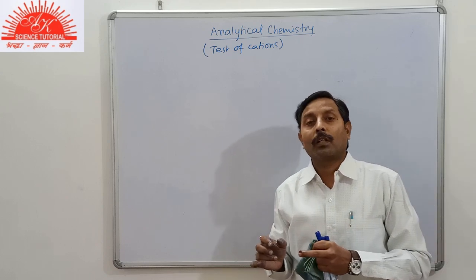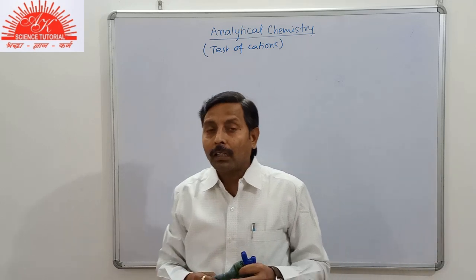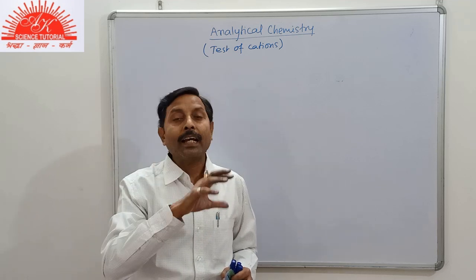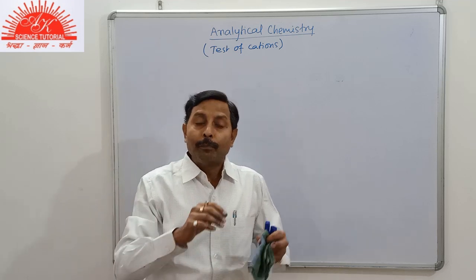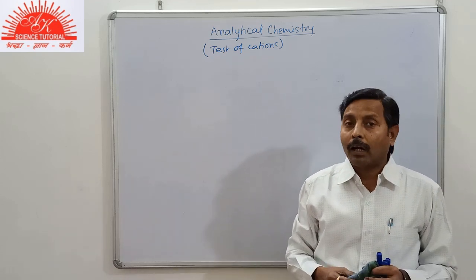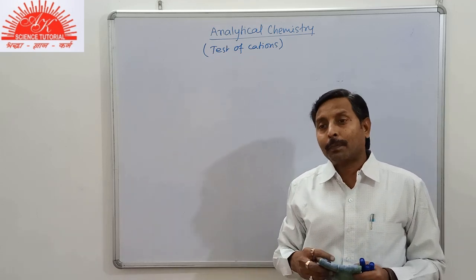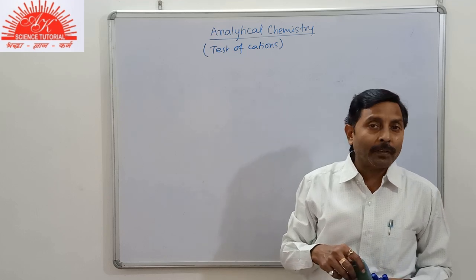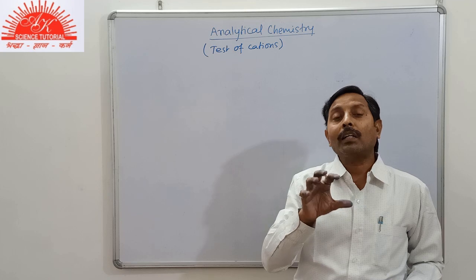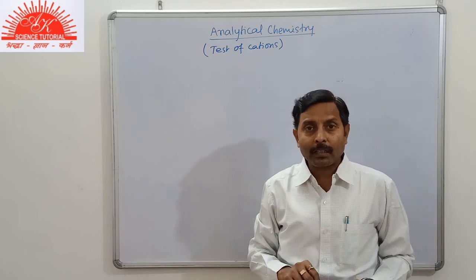Or in practical, you are asked to identify the cation based on certain observations. You will perform the experiment, you will have some visual observations, and accordingly you will find out what type of cation is present in it.